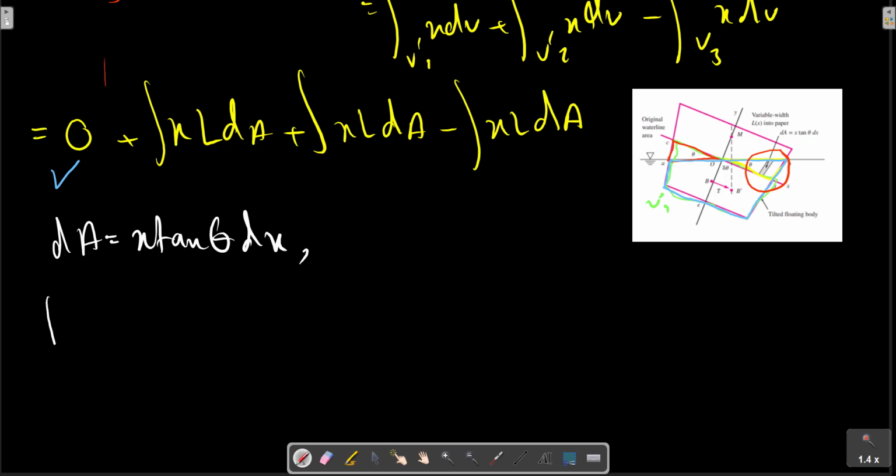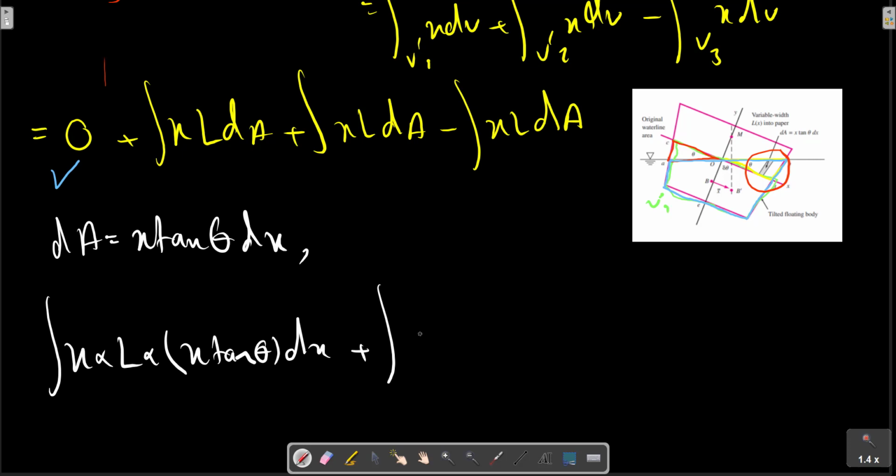So we can write the integration as follows: x multiplied by L multiplied by x tangent theta dx, plus the second integration is minus x L minus x tangent theta dx.